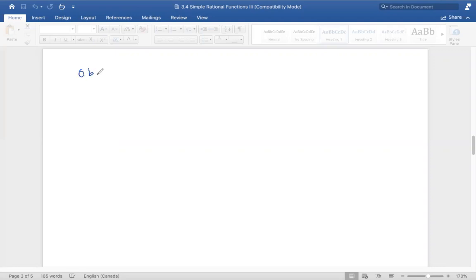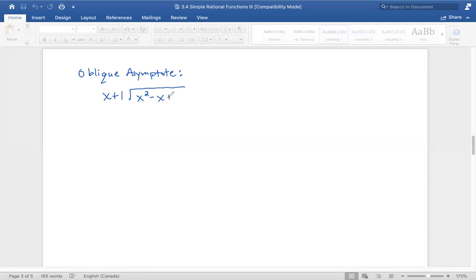So to get my oblique asymptote, I have my x plus 1, the denominator, and my numerator x squared minus x. Here you have your x squared, you have your x.